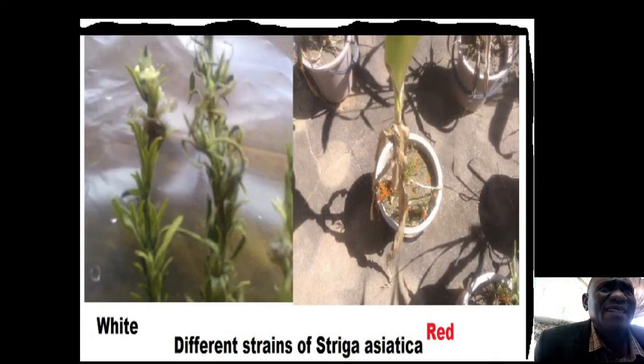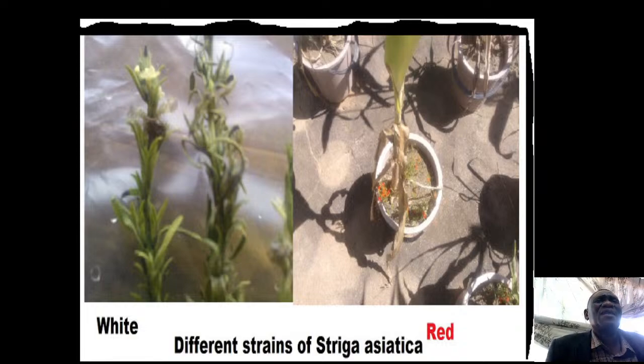We have got a range of Striga asiatica plants or Striga asiatica strains. We have got white strain, which is this one on our left, and the red one on our right.